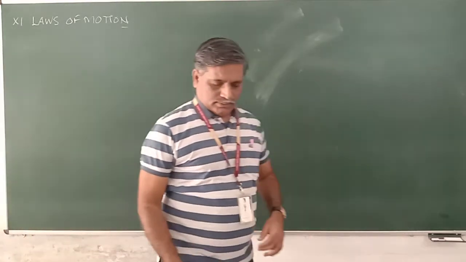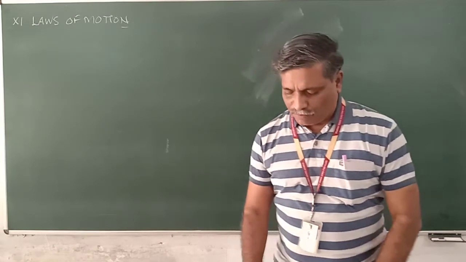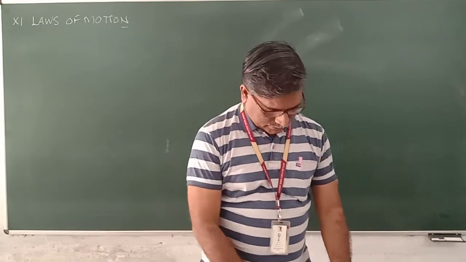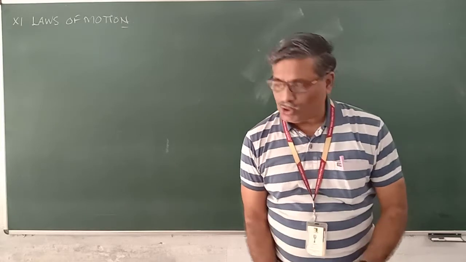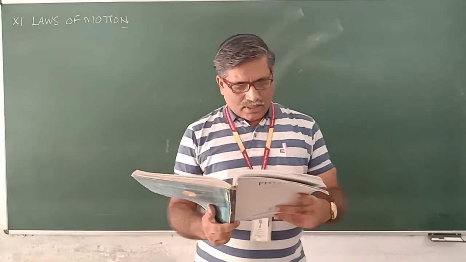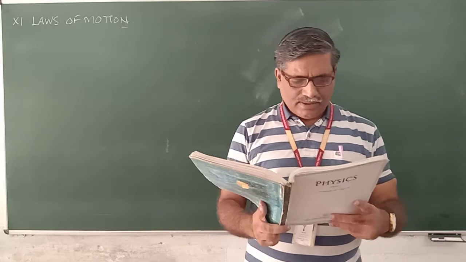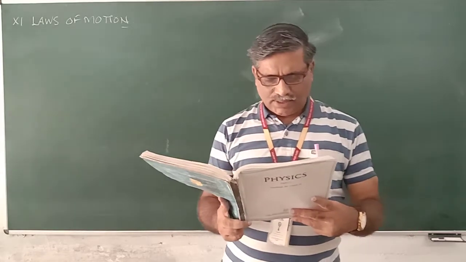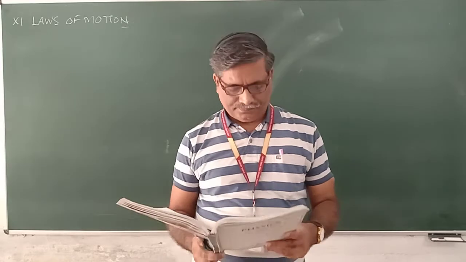See, how to solve the problems of mechanics; for this I take a problem directly. It is 5.12, see figure. A wooden block of mass 2 kg rests on a soft horizontal floor.